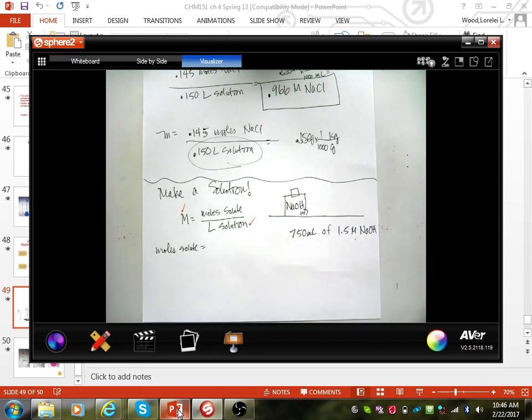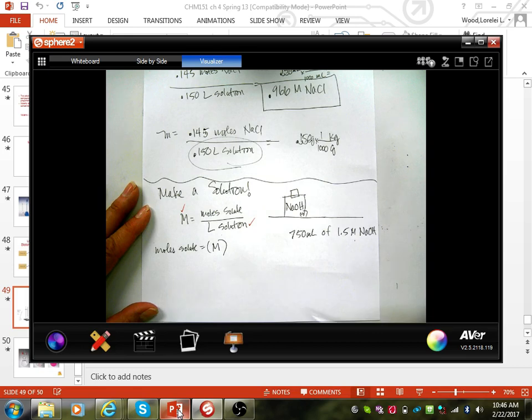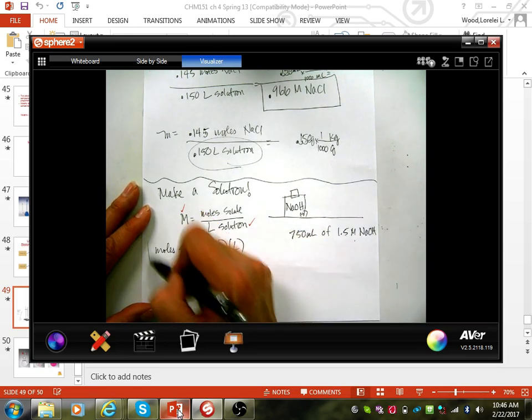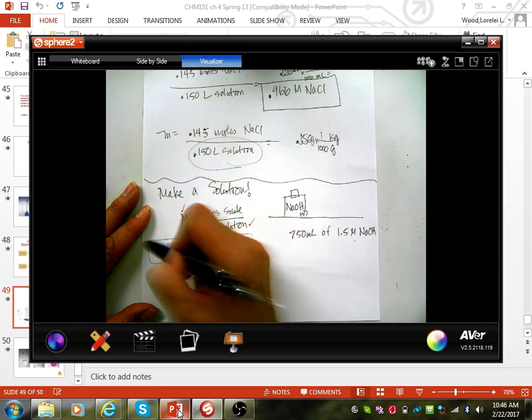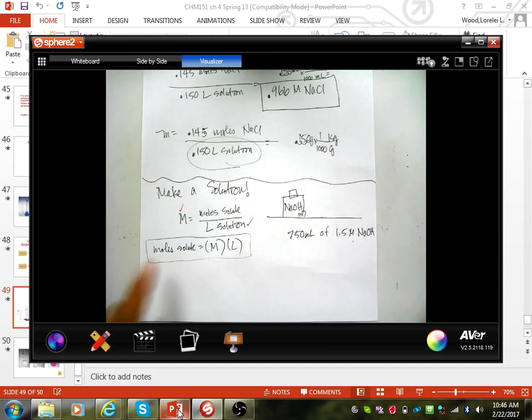Not the numbers, just the symbols. I'm going to take molarity and multiply it by the volume in liters. That's another version of this formula that you are going to use quite extensively in this course. Remember when I said you have to solve chemistry problems, most of the time you've got to convert something to moles.